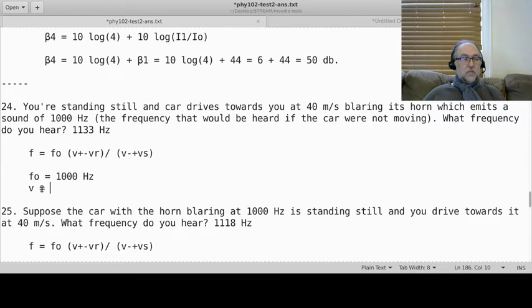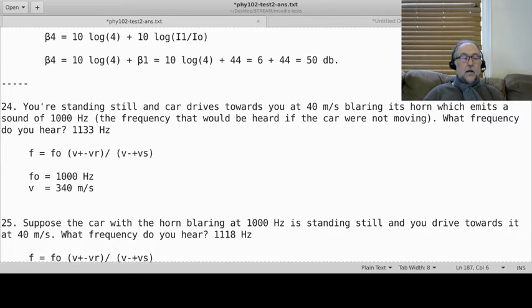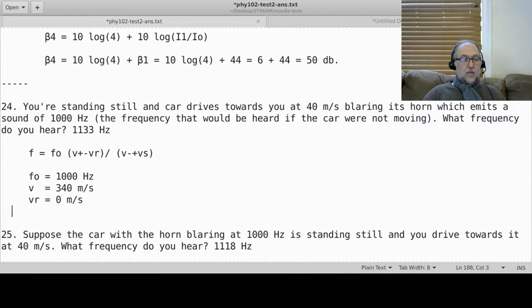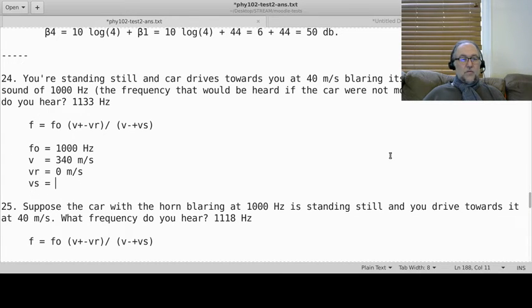That V corresponds to the speed of the waves in the medium, in this case 340 meters per second, because it is sound. And VR is the receiver. What's VR equal to? You are the receiver, and you're standing still, so that's 0. And the source, the car, is driving towards you at 40 meters per second.